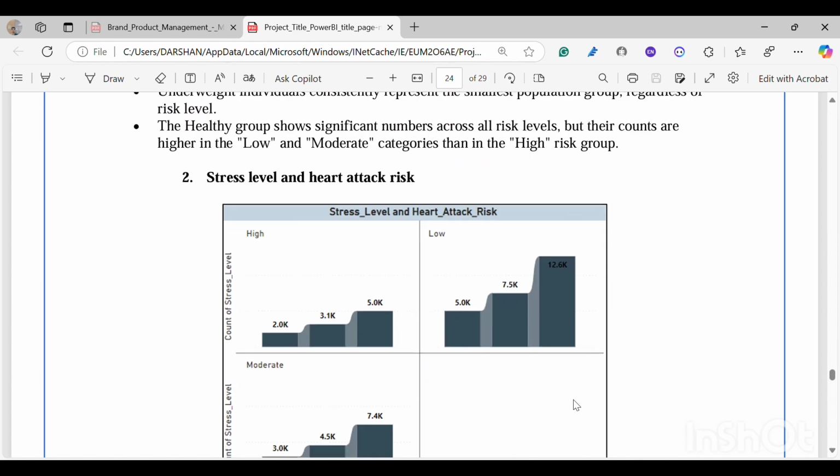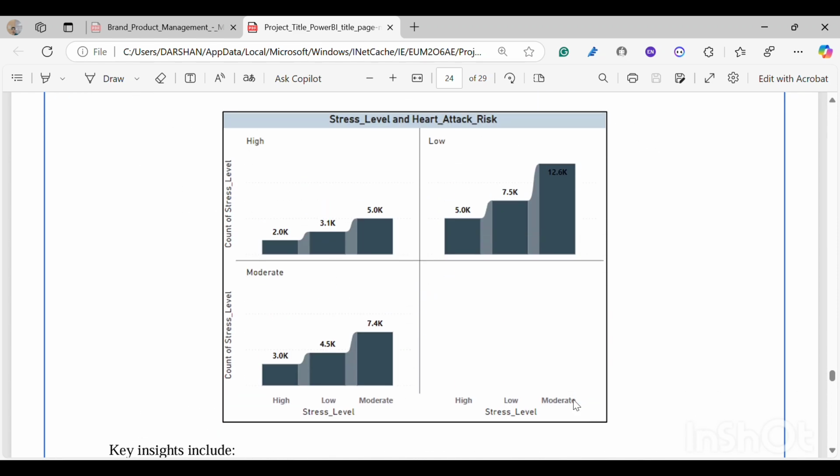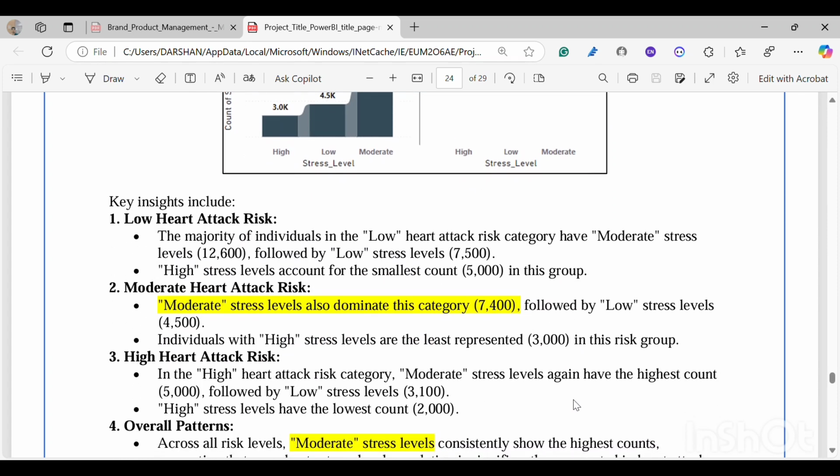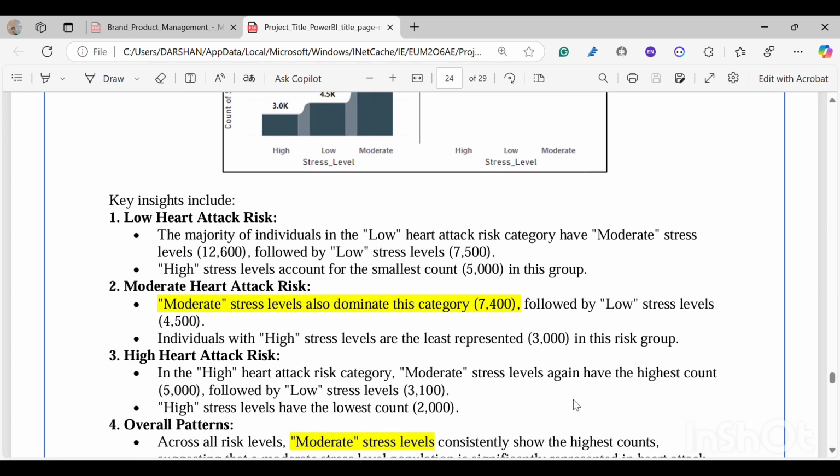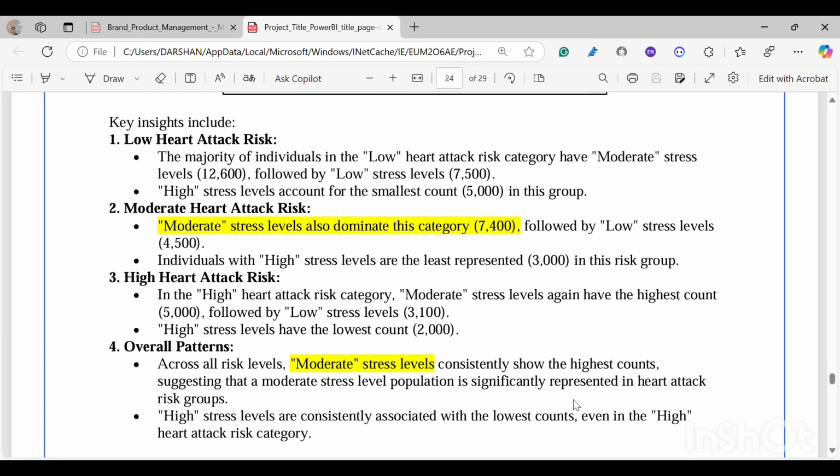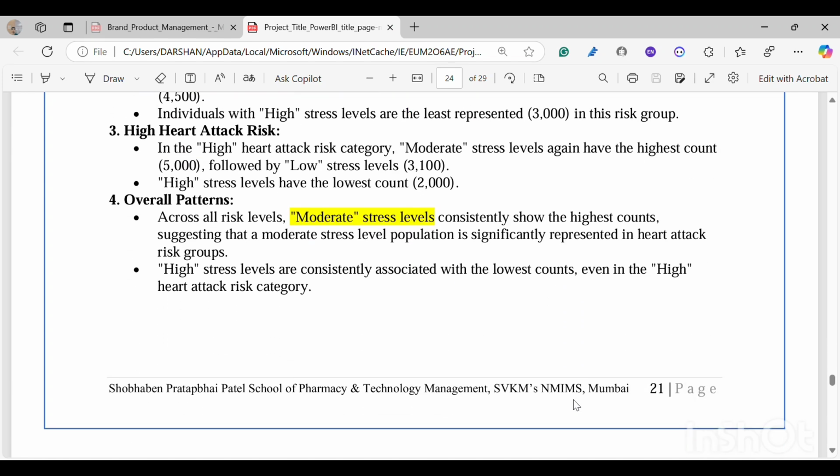As I already mentioned, the moderate stress level also dominates the category, followed by the low stress level. We cannot overlook the high heart attack risk for the high stress category. The high stress level is consistently associated with a low count even in the high heart attack risk category.